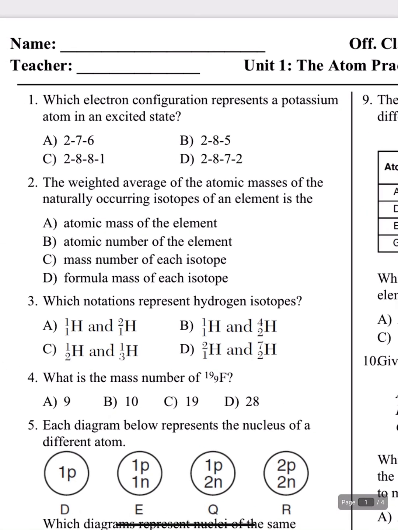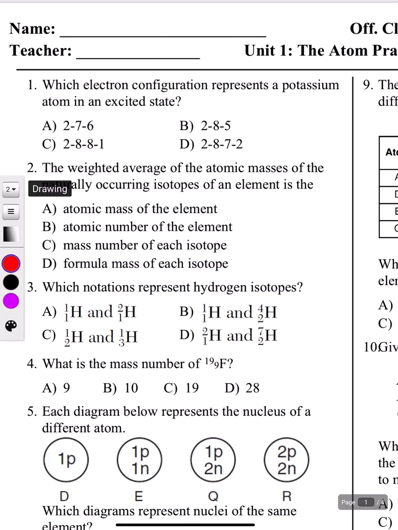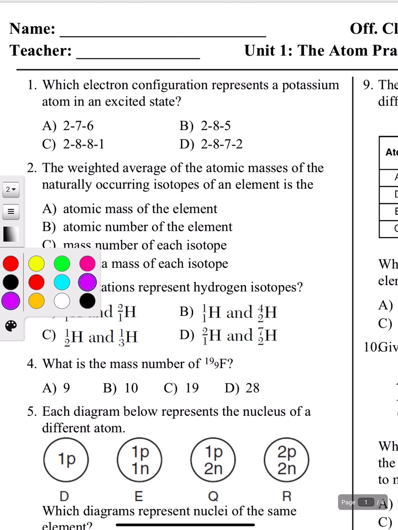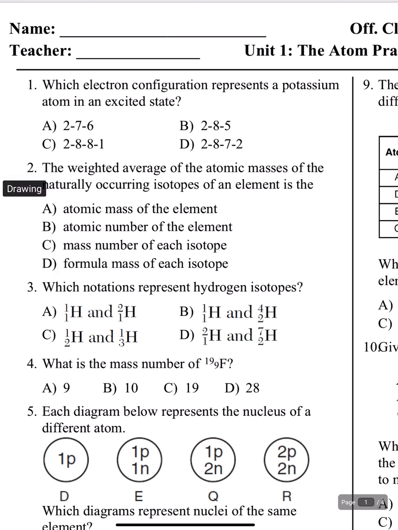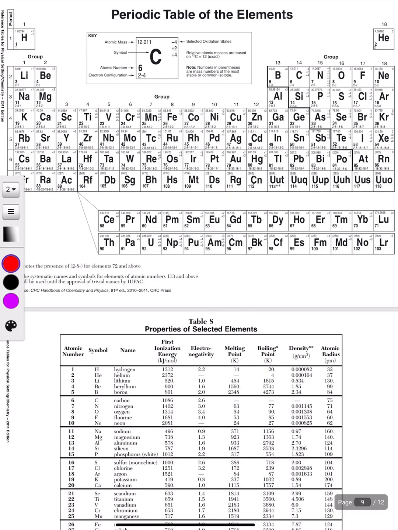Number 1. Keywords here are the elements that they're giving you and that it's in the excited state. So I'm going to go to the reference table and look for potassium.